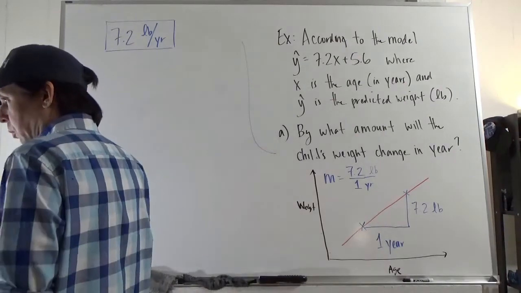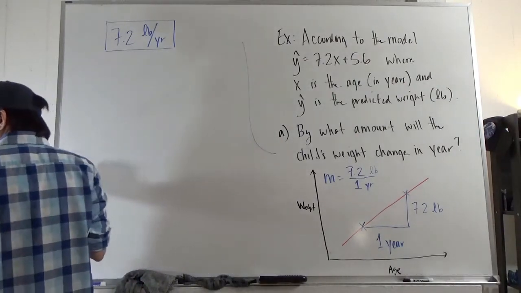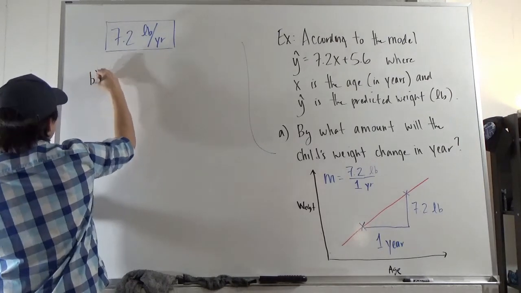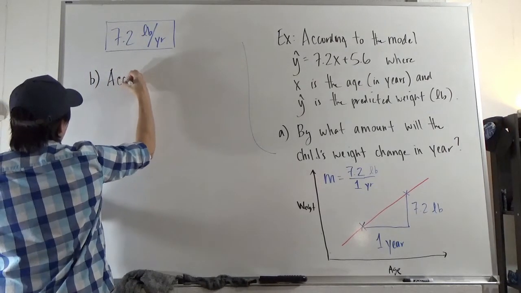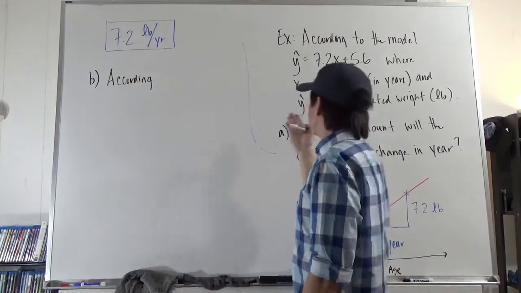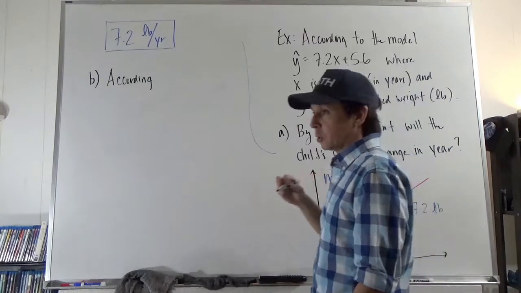Let's talk about some follow-up questions. These are all going to be according to the model. We are abandoning the actual data for now and focusing on aspects of the linear model that we have.